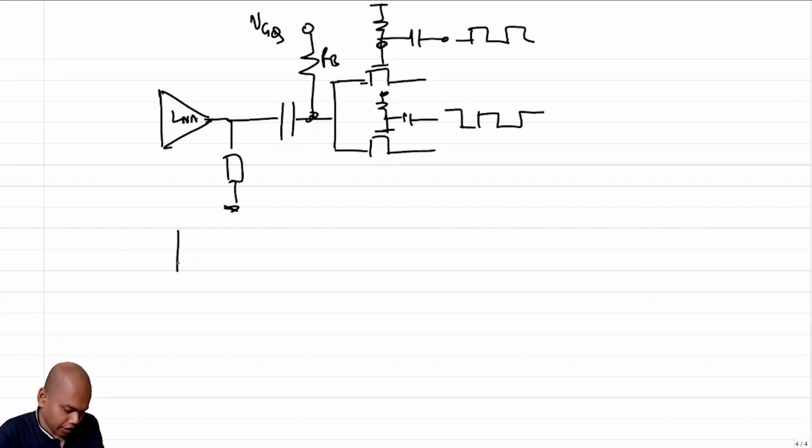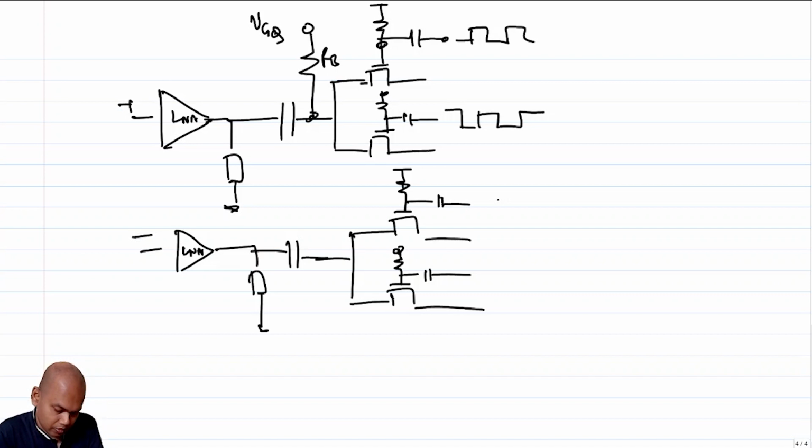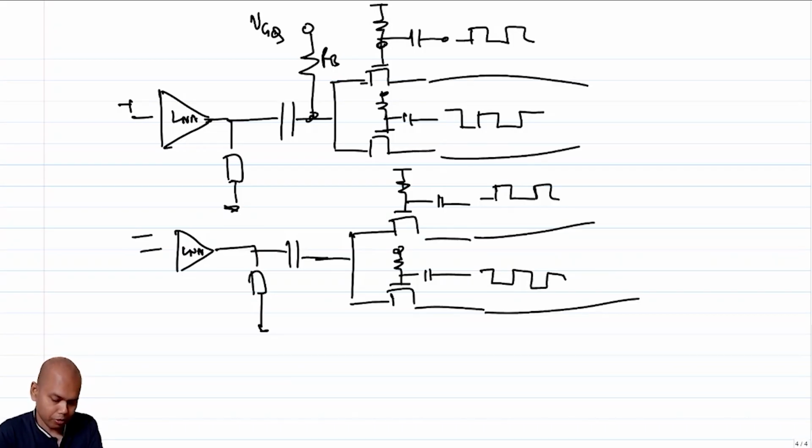And then you have another LNA with the differential polarity, and you have the same thing copied here, right? So this is plus, this is minus, and it goes like this, and then you combine the output appropriately.